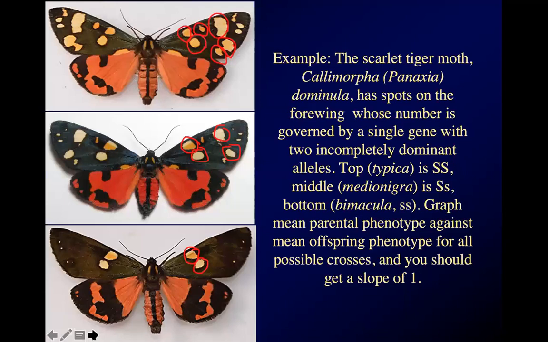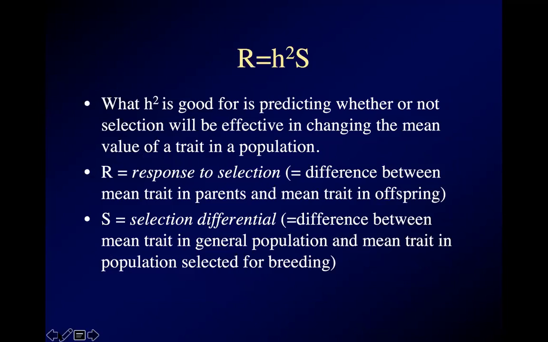The tiger moth is an example where, at least as far as wing spotting goes, all of the variance is additive genetic variance. But in many cases, this is not what you find.